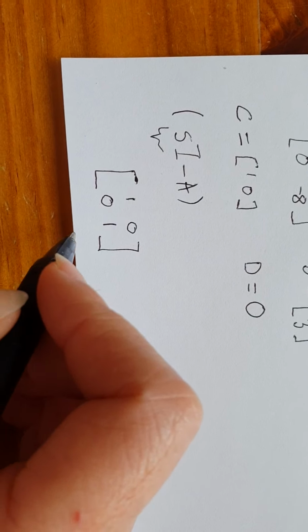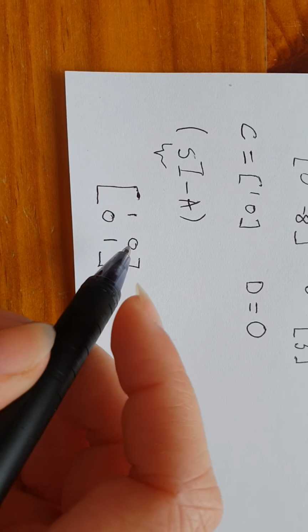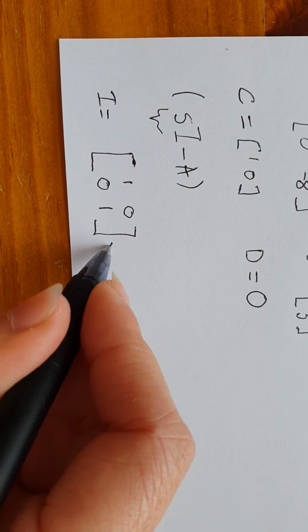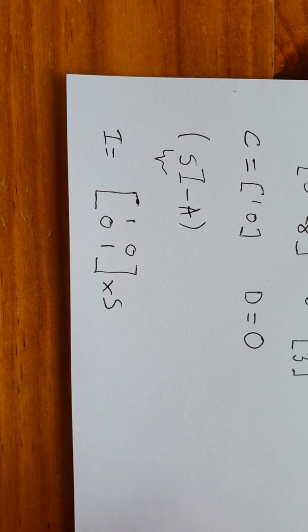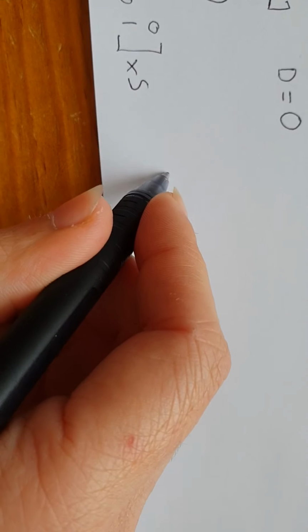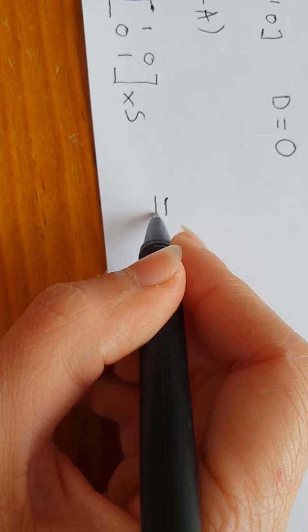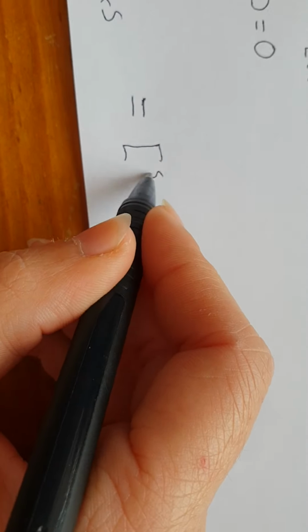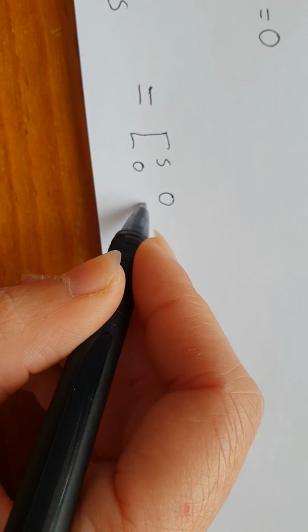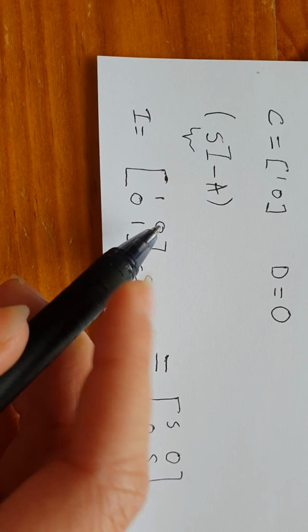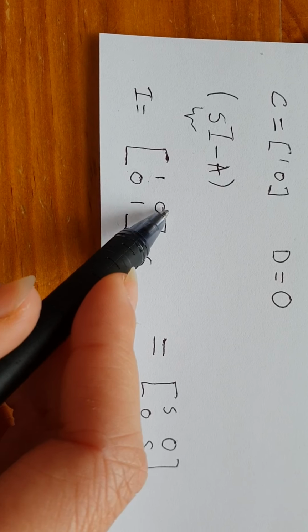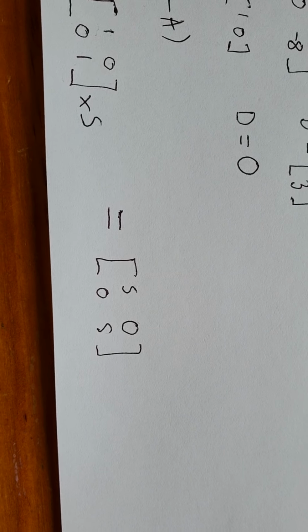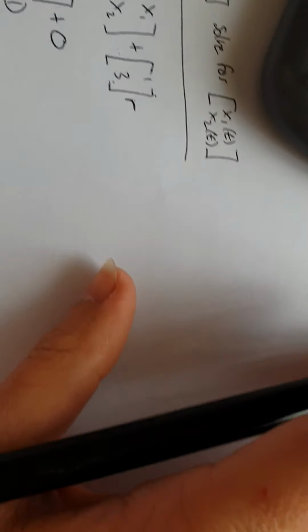It gets bigger as you need it, but we only need a 2 by 2. So this is our I. Now we need to times it by S to get an SI. So we have times by S, S, 0, 0, S. Because when you times these by S, there's 0, and this is just S and S. Pretty simple.